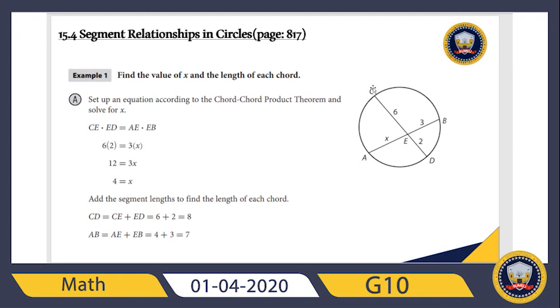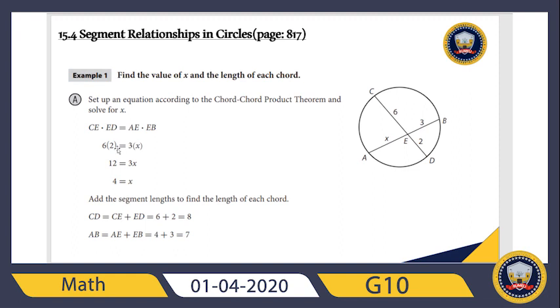It says CE times ED is equal to AE times EB. That's what we wrote here. Now CE is 6 and ED is 2, and EB is 3 and AE is X. So AE times EB is 3 times X.